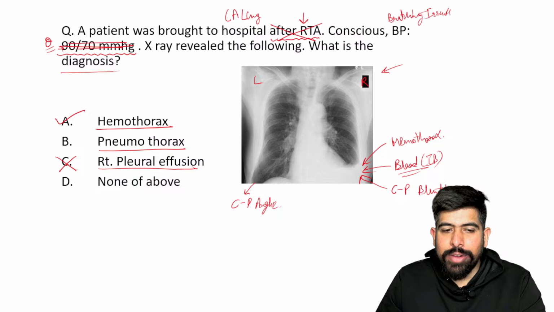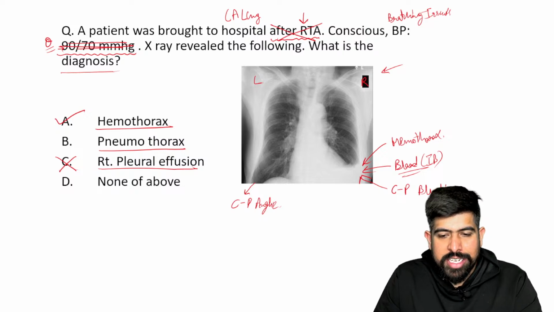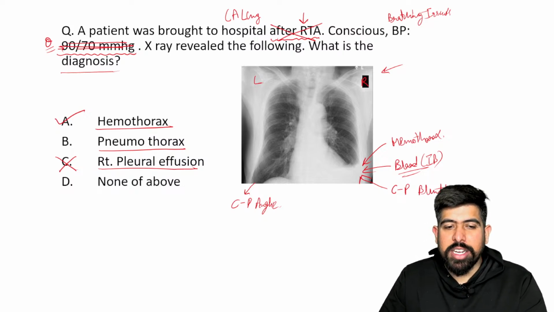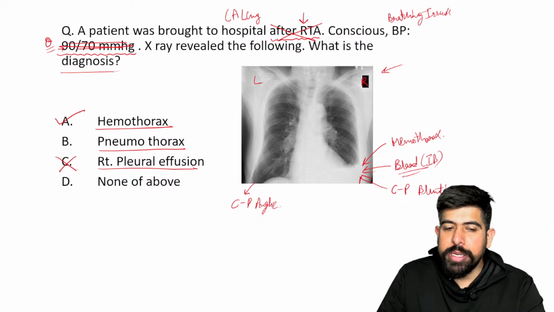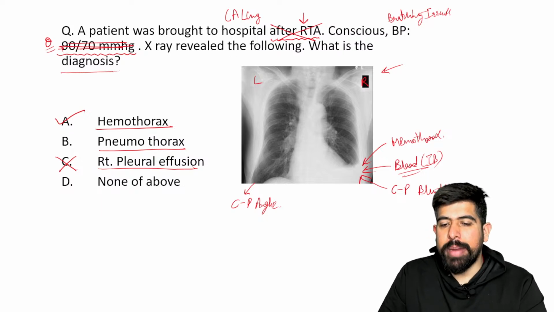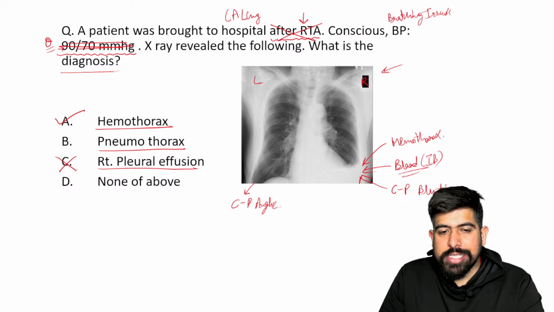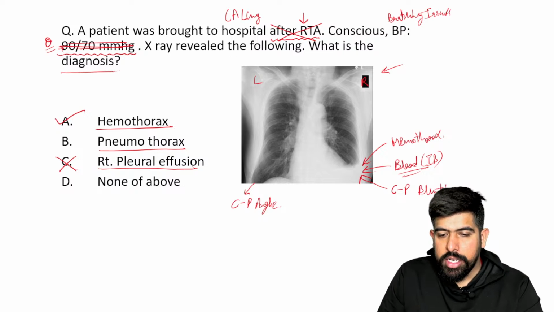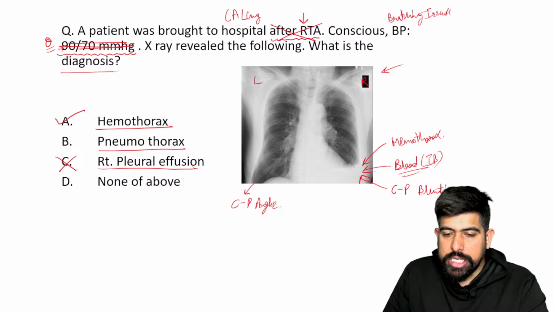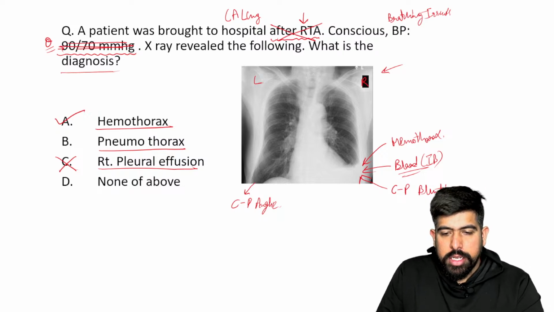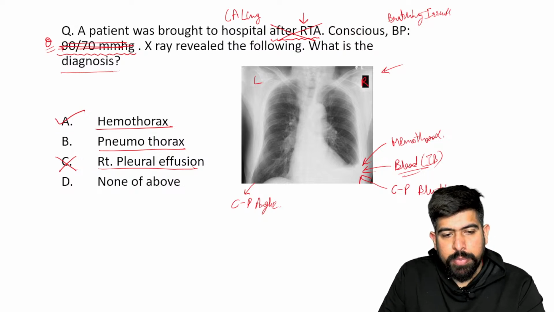Yes, in this case you have to answer right pleural effusion. Now tell me, if the patient has right pleural effusion, what should be the management? Yes, because the history of CA lung is given, so it is clear that there are more chances the patient has pleural effusion.